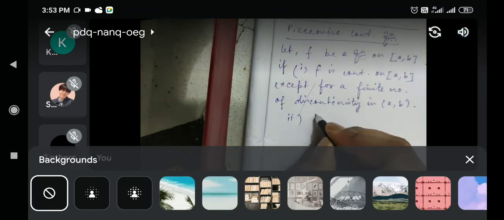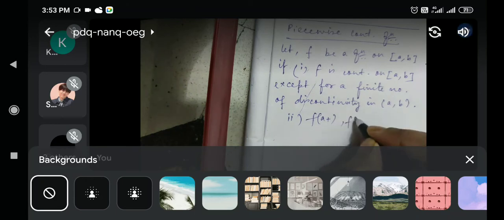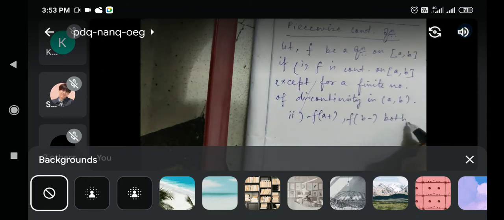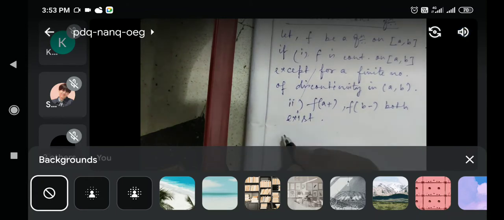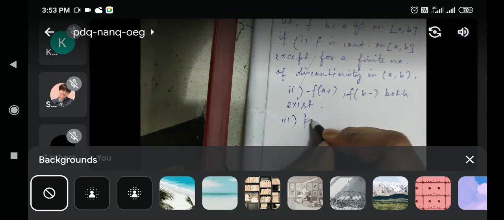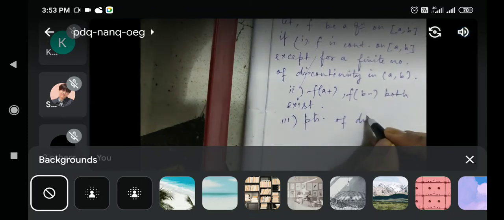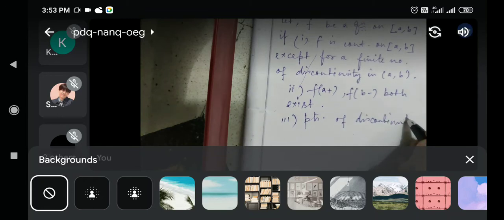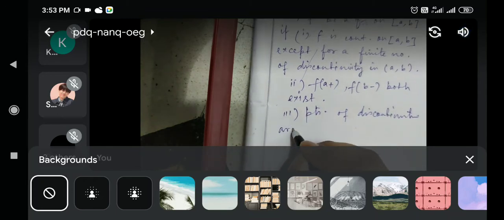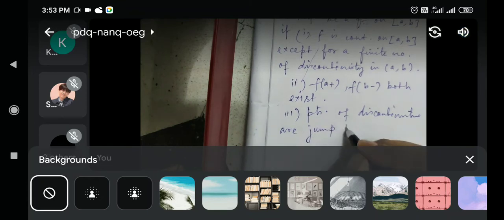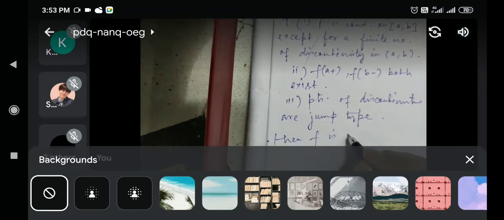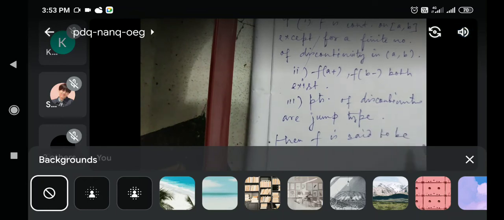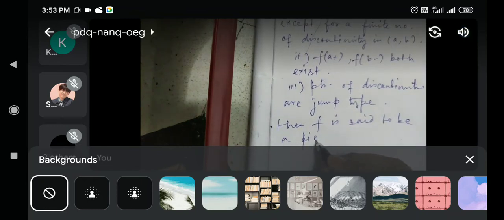Number 2, f of a plus and f of b minus both exist. And number 3, the points of discontinuities are jump type. Then f is said to be a piecewise continuous function.